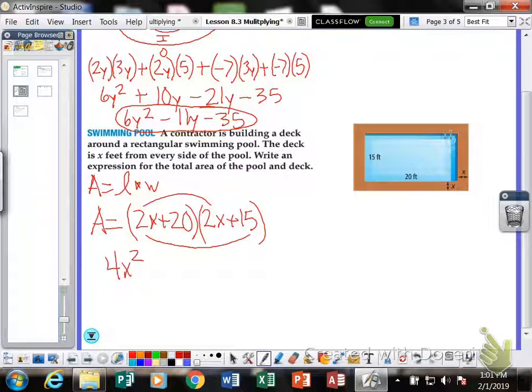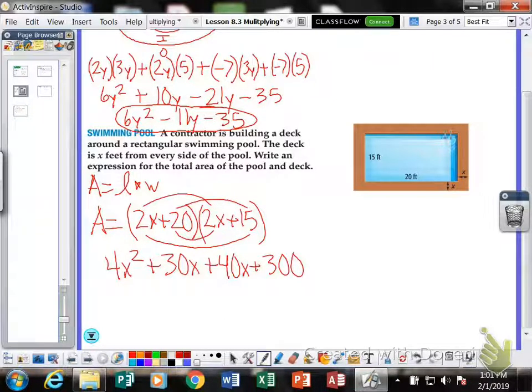Then I have my outer terms, 2x times 15, which gives me plus 30x. And I have my inner terms, 20 times 2x, which gives me plus 40x.